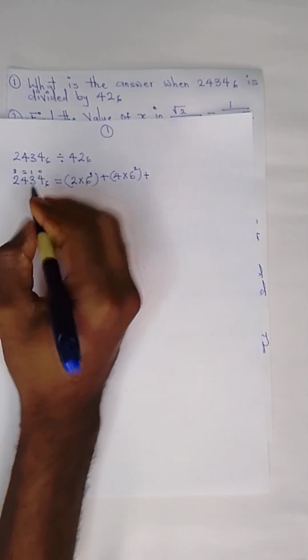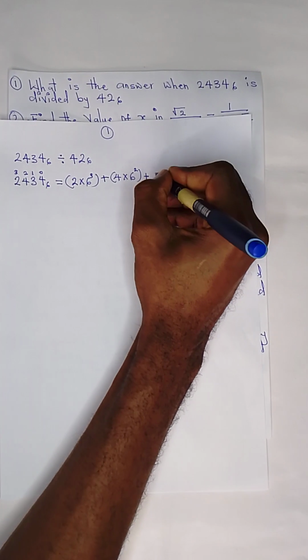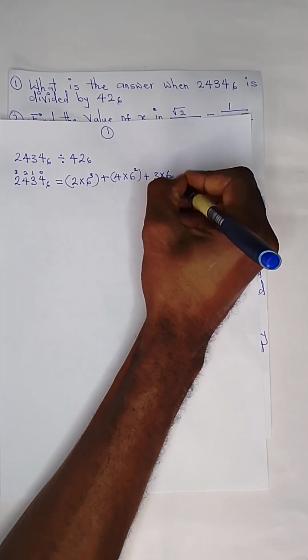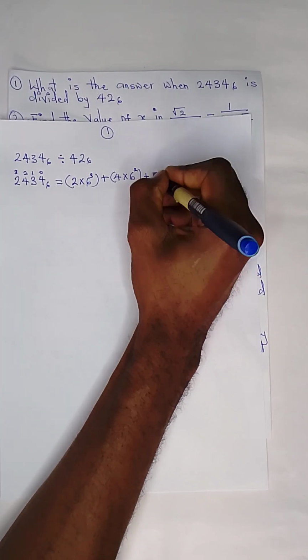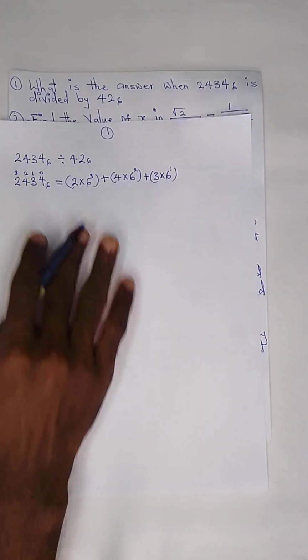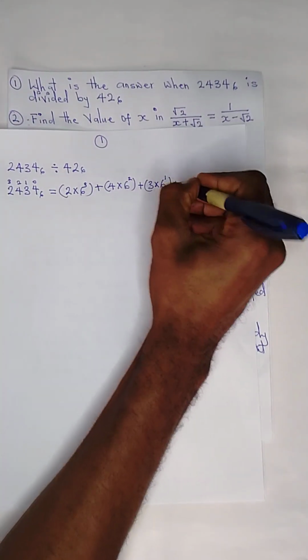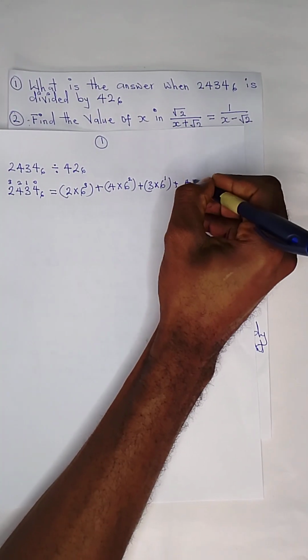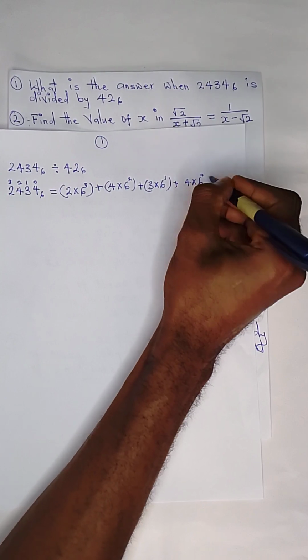Then plus the next digit is 3, so 3 times 6 raised to the power of 1. Then the last digit is 4, plus 4 times 6 raised to power 0.